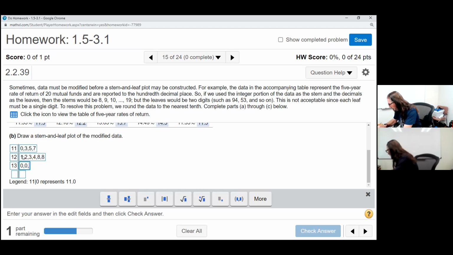All right, so 5 and 7. Got two 13.8s, 14.0, 14.1, 14.5, and 14.6. So that is 4, 10, 16, 20 scores.